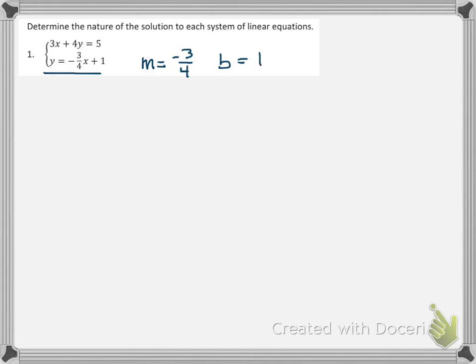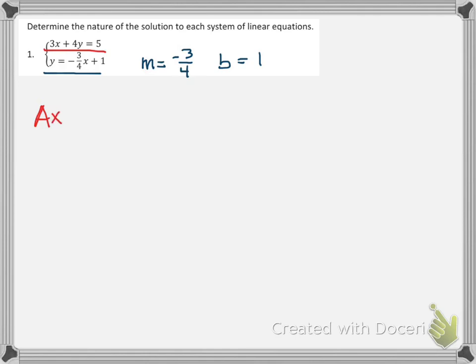And then the other equation is in standard form. When we're in standard form, we can also identify the slope, and we can do that by this method. Once you know this, you don't have to do this every time.